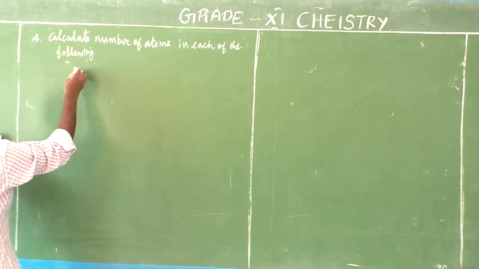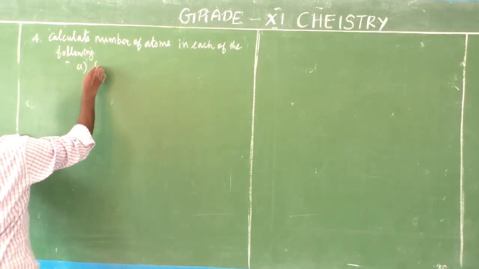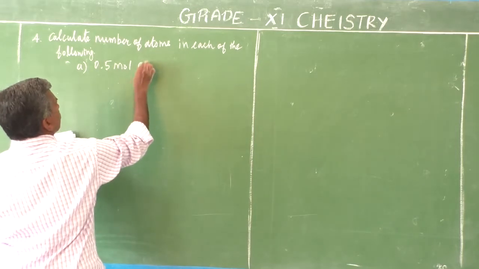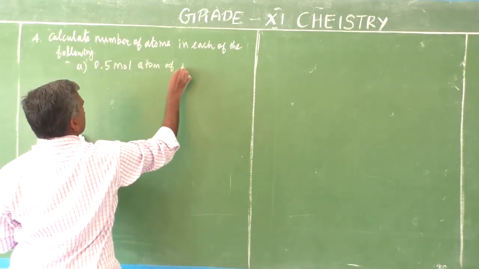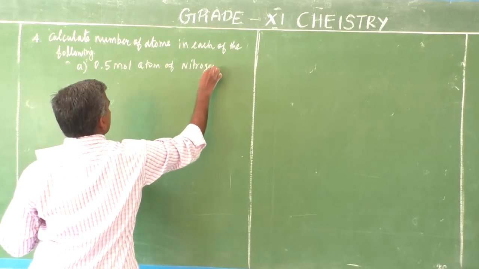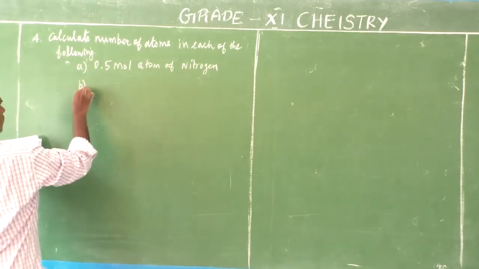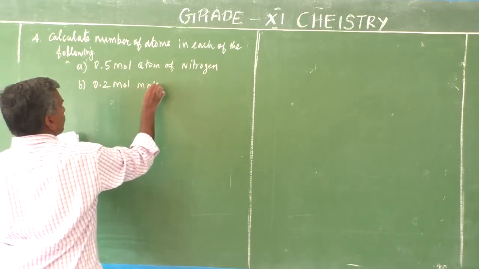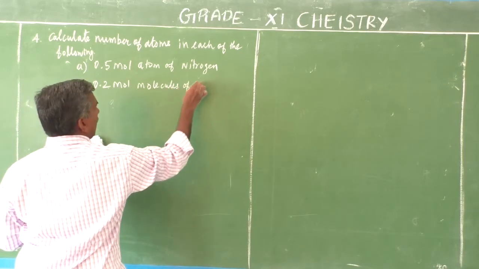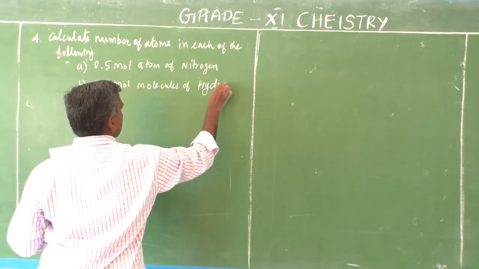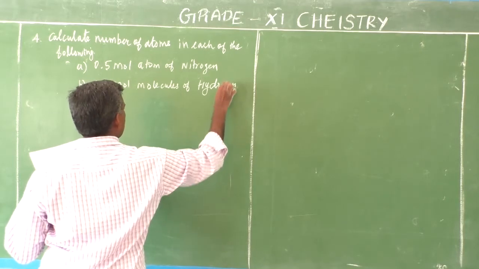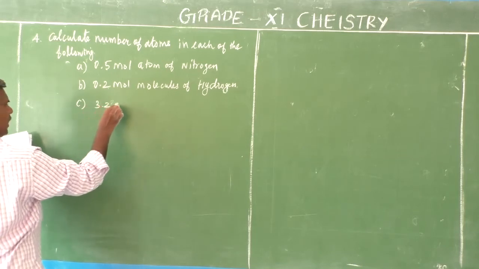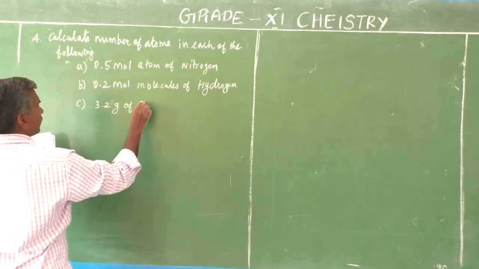Question A: 0.5 mole of atom of nitrogen. Second, 0.2 mole of molecules of hydrogen. Now third, 3.2 gram of sulfur.